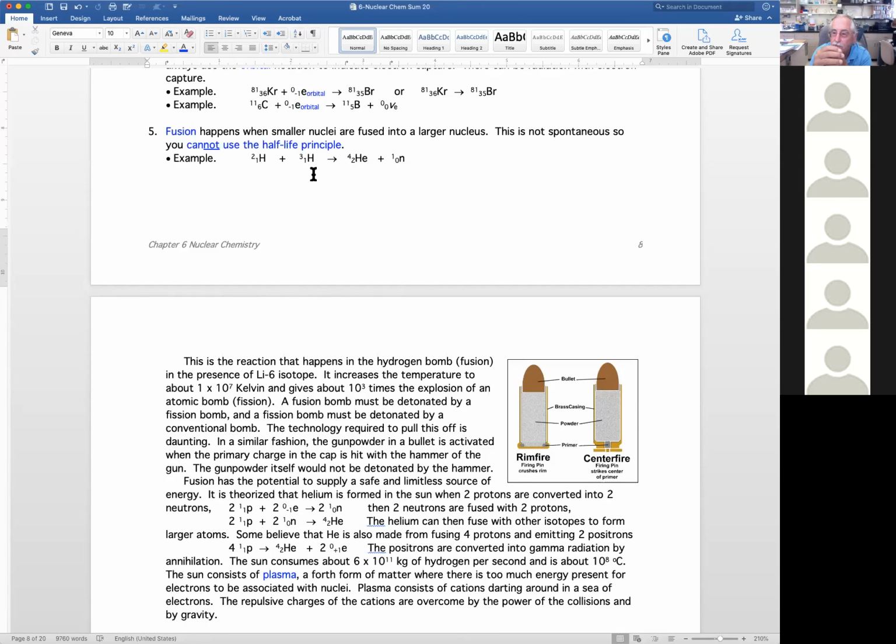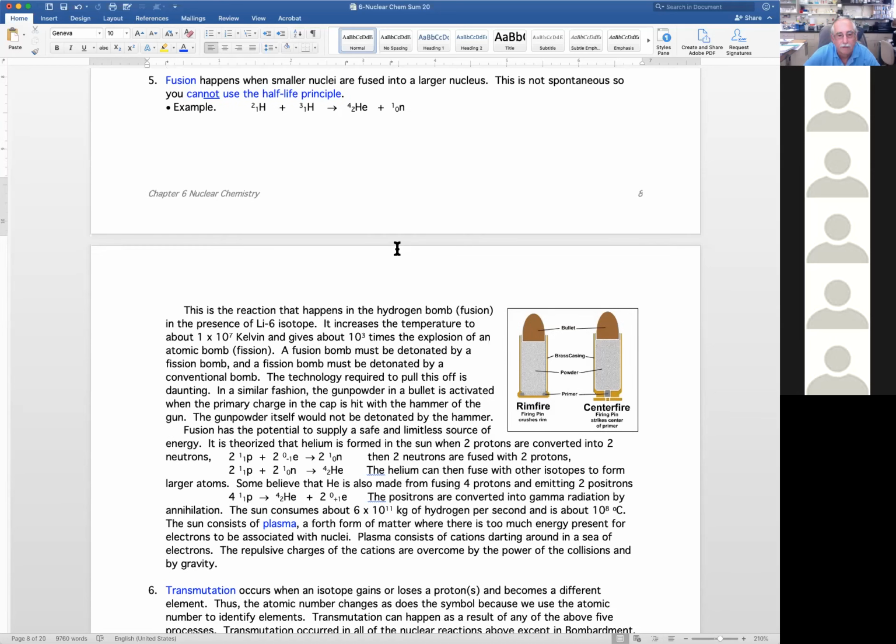That requires a tremendous amount of force. You can't just put two hydrogen atoms on top of each other and hit them with a hammer and expect that to happen. But when it does, you get a lot of energy.